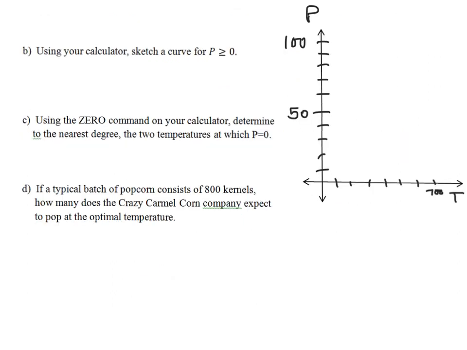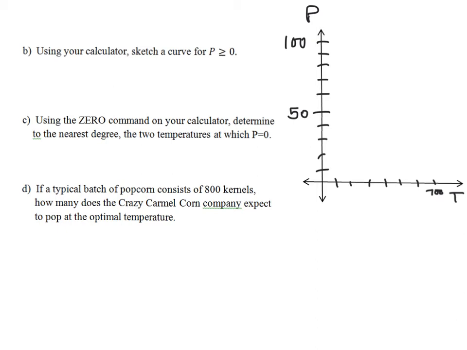Now we'd like to sketch a curve showing this function p. So take a few minutes. I set up my axes so that along the horizontal axis I'm measuring temperature, the independent variable, and I'm going from 0 to 700 counting by hundreds. Along the vertical axis, we're measuring the percentage of kernels that are popping, and that's going to go from 0 to 100 because the top percentage would actually be 100.